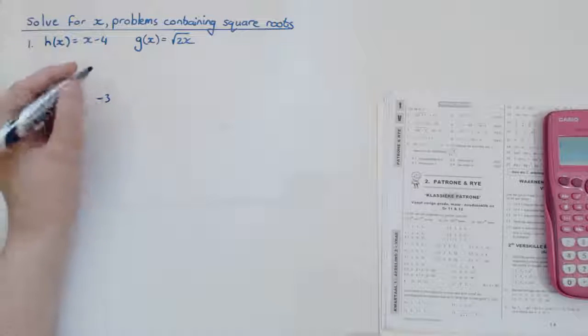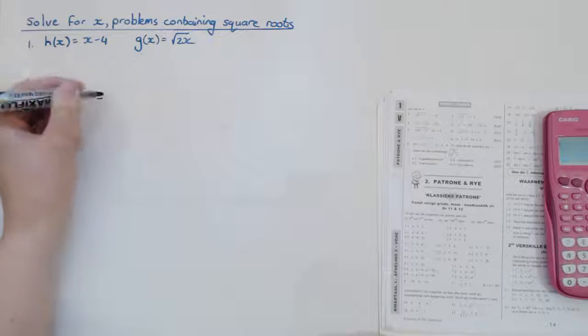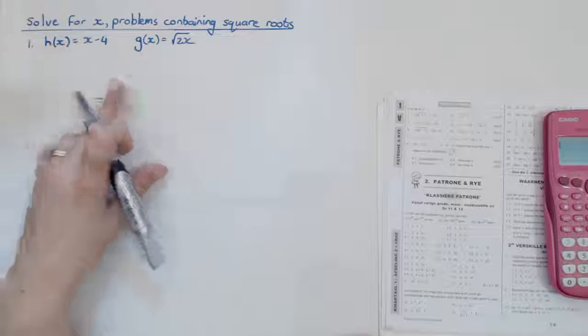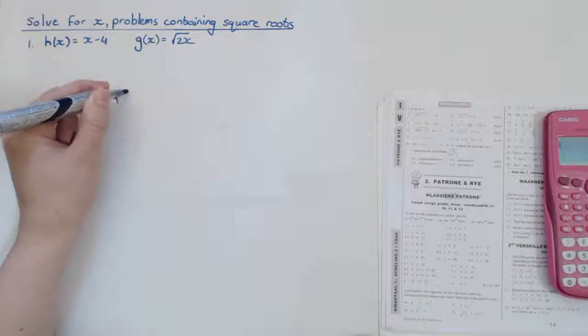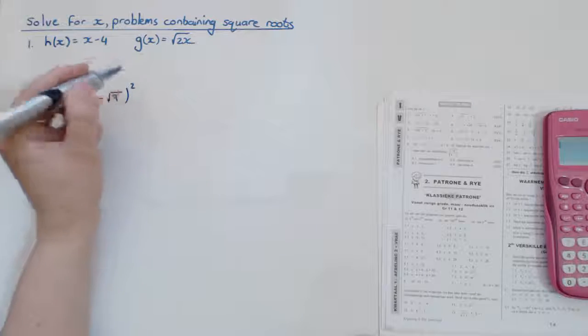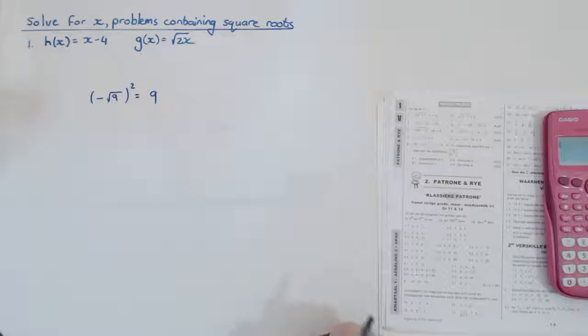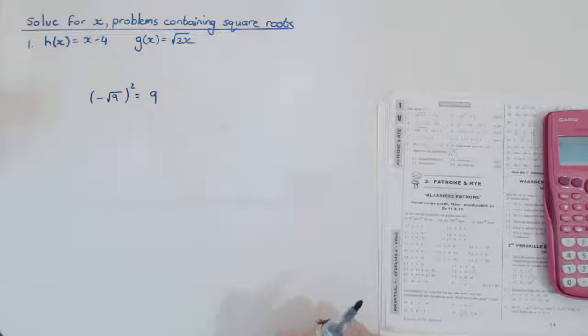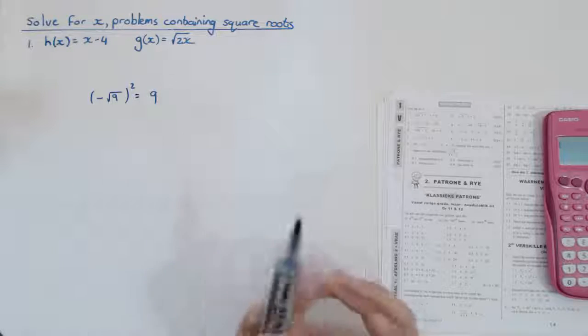And this is mainly because, say for instance, what I wanted was -3, right? So I gave it to you as -√9. Right, now the moment it's in there with a square root, but if you go and square this thing, it becomes 9, right? And actually, if you think about the square root of 9, it can be +3 or -3.